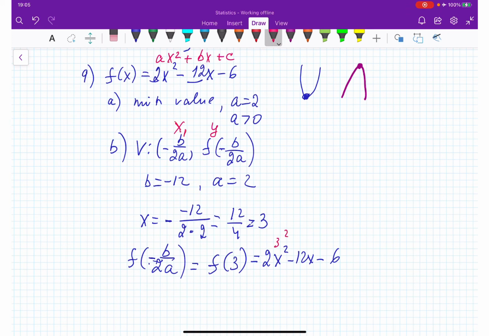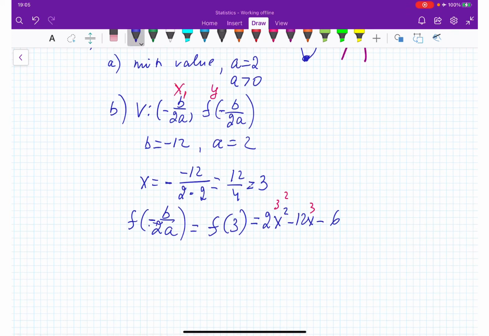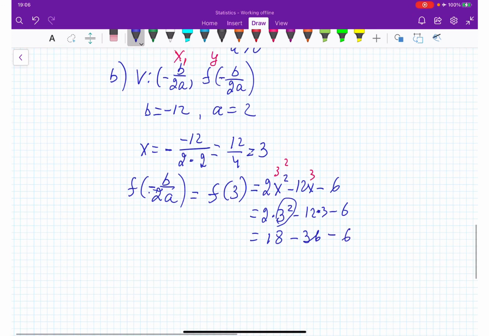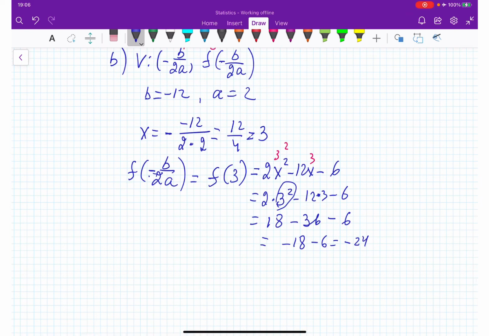So it's equal 2 times 3 squared minus 12 times 3 minus 6. 3 squared is 9. 9 times 2 is 18 minus 36 minus 6. So it's equal negative 18 minus 6. It's equal negative 24. So here is the coordinate of the vertex. It's going to be 3 and negative 24.